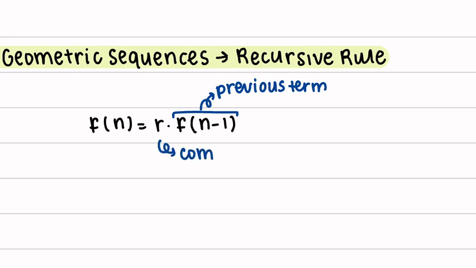So in order to know f of n, I have to know the previous term to it.